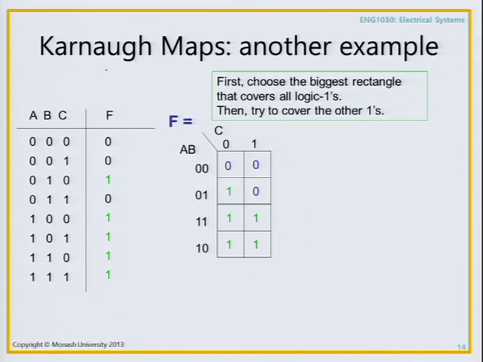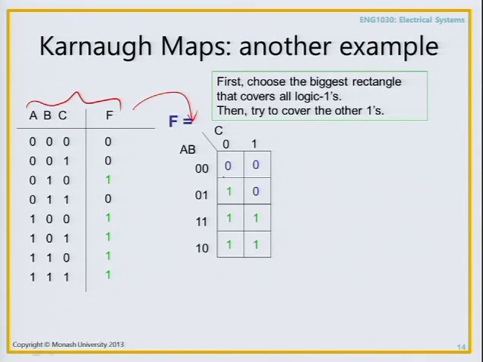Here's a K-map. Here's an arbitrary function, so the function is different from the previous slide. And it's got 5 ones in it this time. So I've taken this truth table and I've put it into this Karnaugh map, and this is what it looks like. We've got lots of ones here.